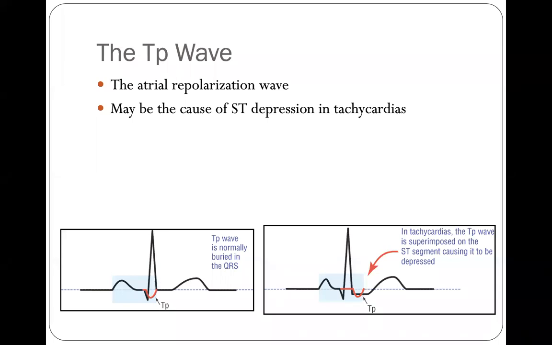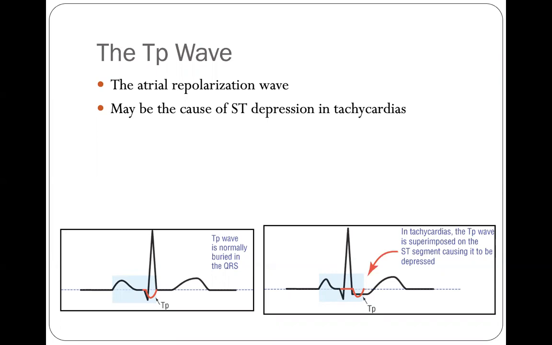However, in some tachycardias, the QRS complex is going fast enough, and we start to see kind of a change in the PR interval because of the sympathetic involvement. And so every once in a while, that TP wave can actually happen in a retrograde manner to the QRS complex.